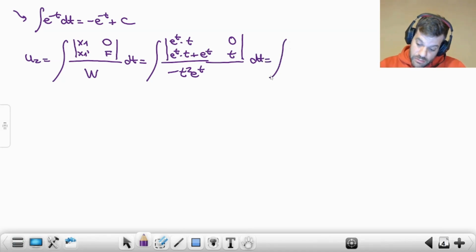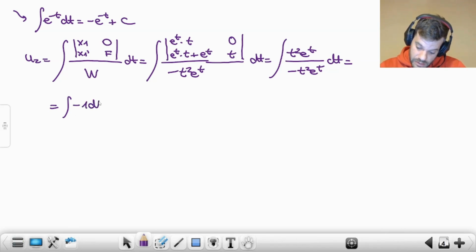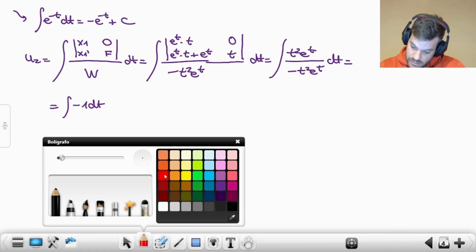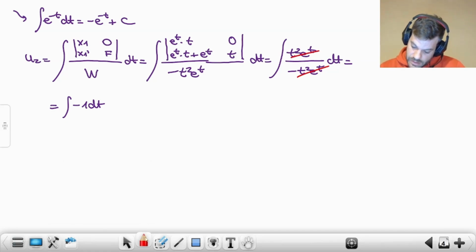Upstairs in the numerator, secondary diagonal, luckily for us, is 0, so we just have t squared e to the t, downstairs minus t squared e to the t. Everything cancels except for the negative sign, so it's just the integral of negative 1 dt, right? And that is negative t plus d.